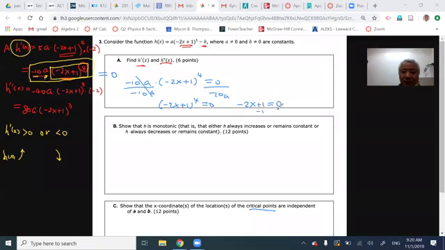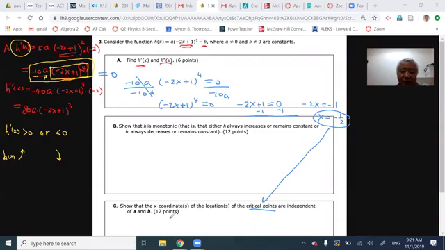And then you minus 1, you will get negative 2x equals negative 1, x equals what? Negative half. This is the x coordinate of the critical point. And this one is not related to a, because a does not appear here. Actually, a here is canceled already.